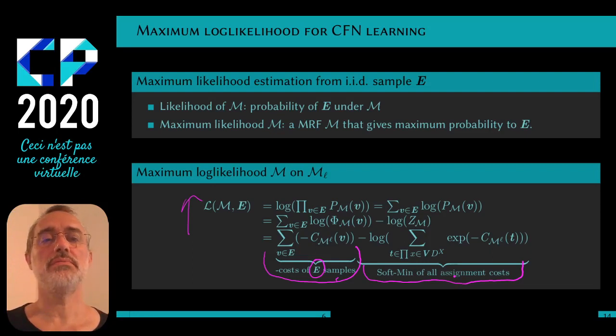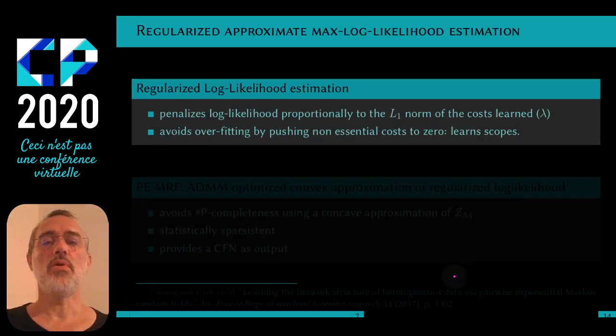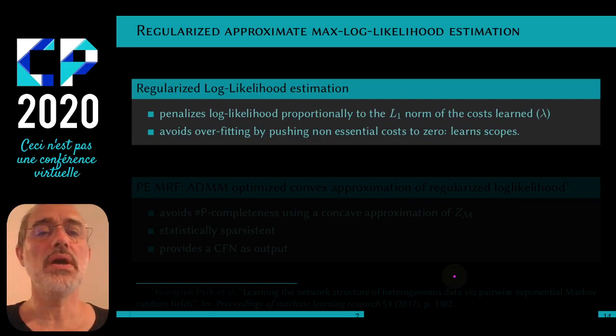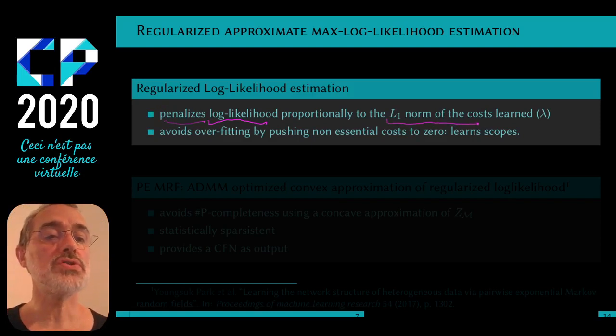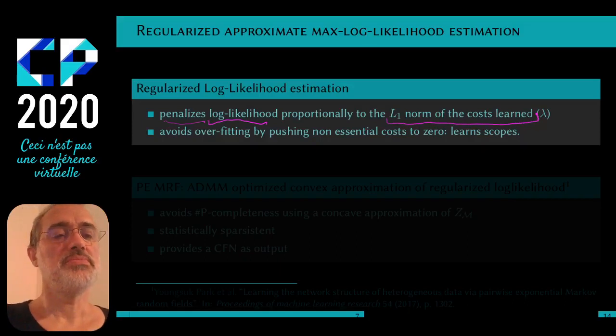So we use a maximum likelihood. We use a more modern variant of it called regularized approximate max log likelihood estimation. Essentially, instead of optimizing the log likelihood alone, we optimize the penalized version of it, where we penalize the log likelihood by the L1 norm of all the costs which are learned. The L1 norm is just the sum of the absolute values.